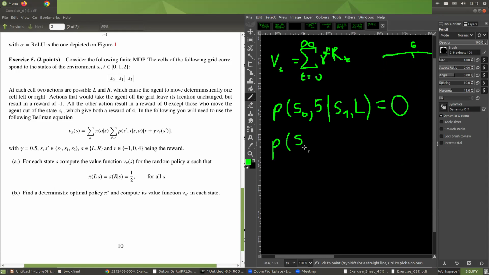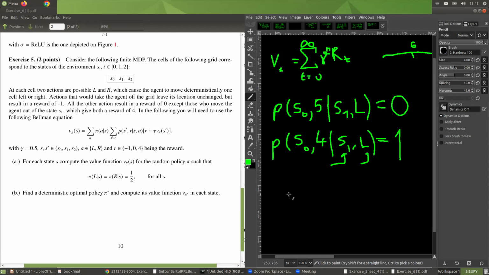Going to S0 and getting reward 4, yeah, 4 is the correct one, given S1 and left: that's probability 1, because if you are in this middle state and you go left, then we know from the description that you go to S0 and you get reward 4.